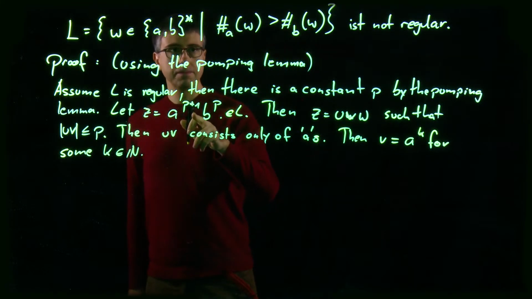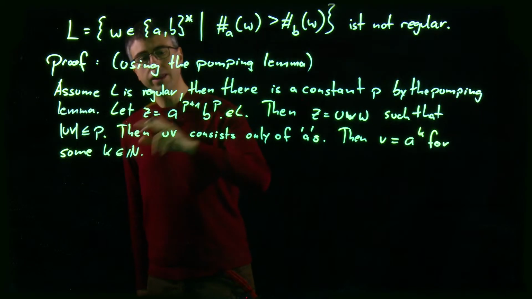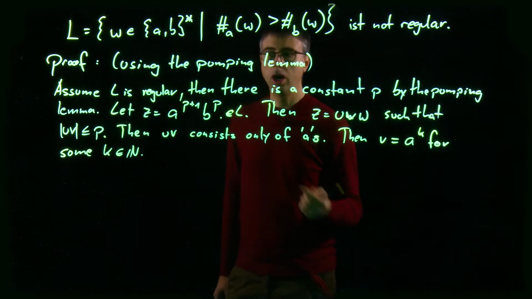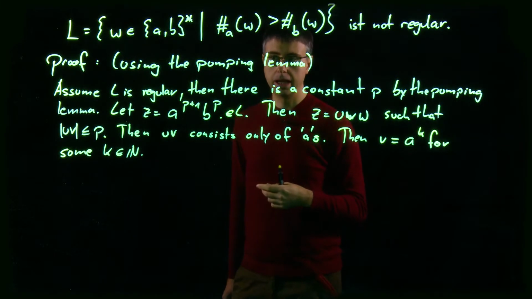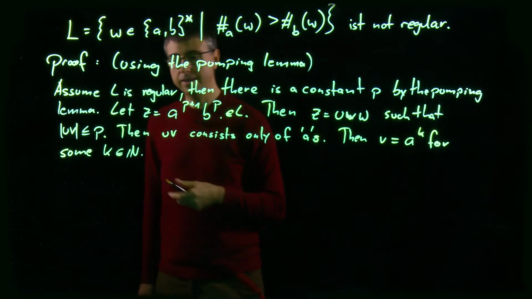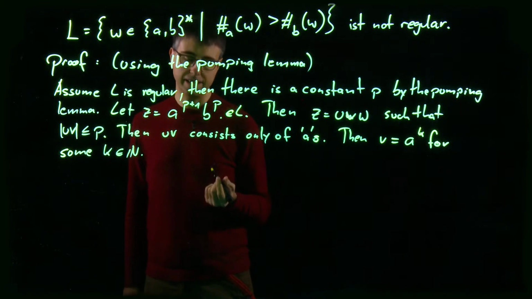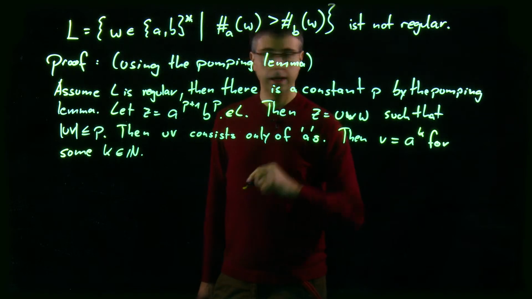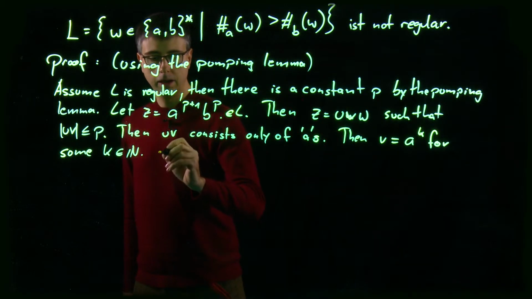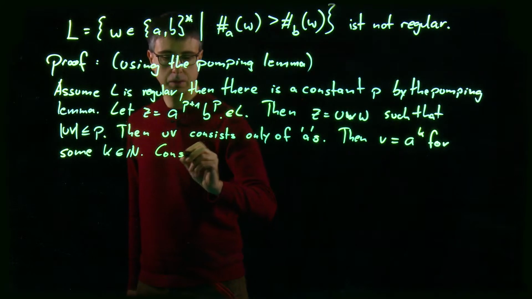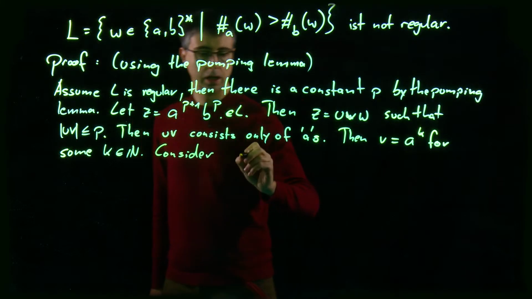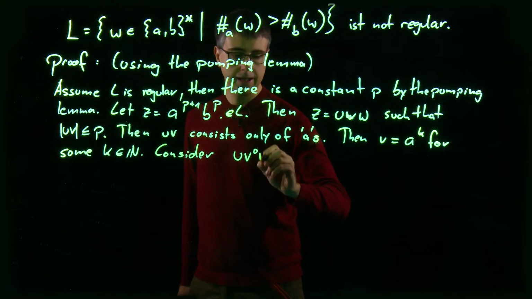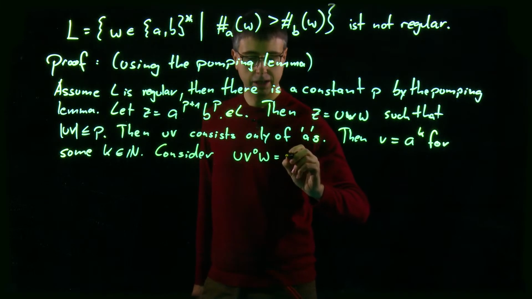Now, we can either increase the number of occurrences of V in the word, or we can decrease it by 1. In this case, the only possibility is decreasing the amount of A's in the word. So consider the word U V to the power of 0 W, which is the same as UW.